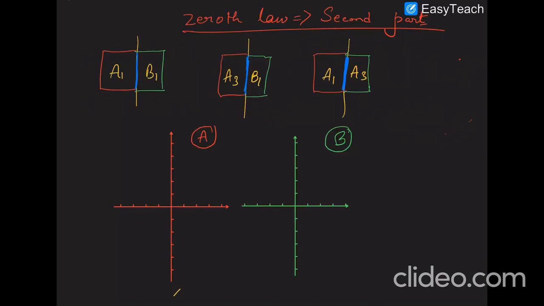While analyzing the zeroth law, we fix the state of system A and we look for the system B where there will be a state for which Q will be 0, when system A and system B are interacting via a diathermic wall, that means it can allow heat as well as work.